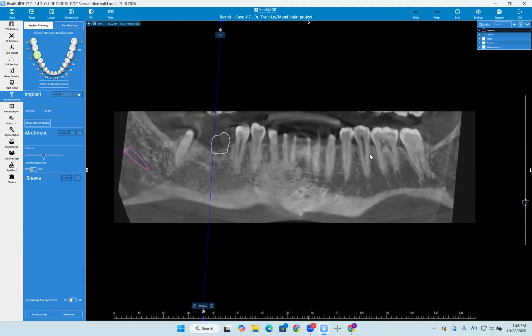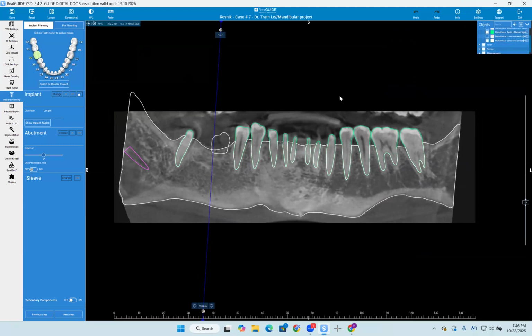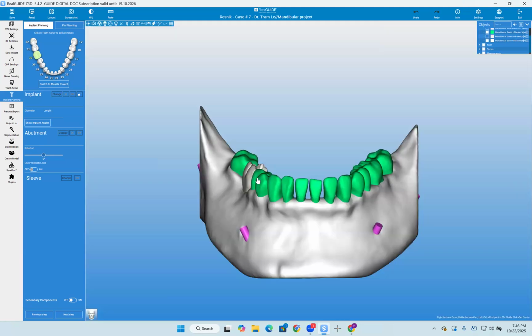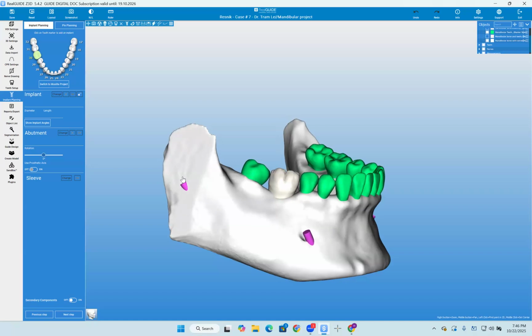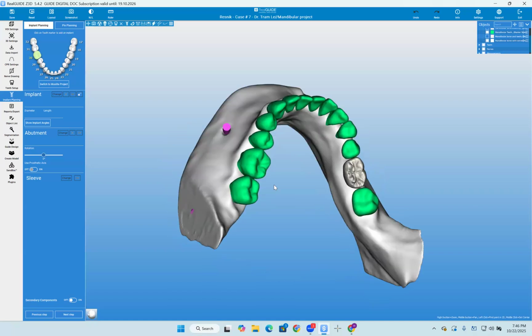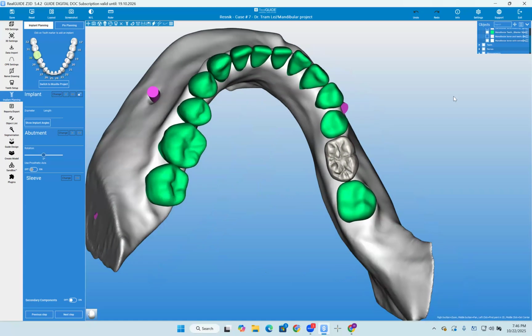So what do we have on your second case here? We have a young female, I think in her 20s or early 30s, very healthy. No medication, no allergies. She came to the practice last year because number 30 was endo treated and had a huge infection, and the distal root was also resolving at the time.